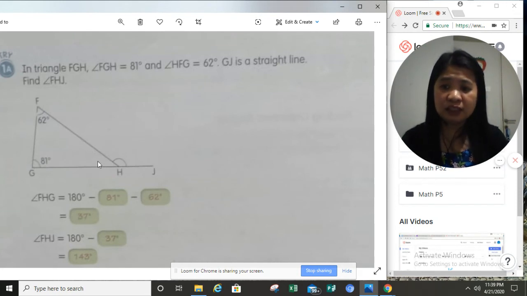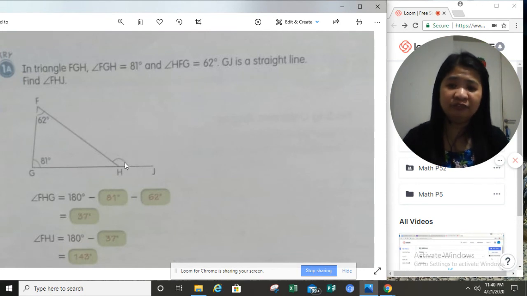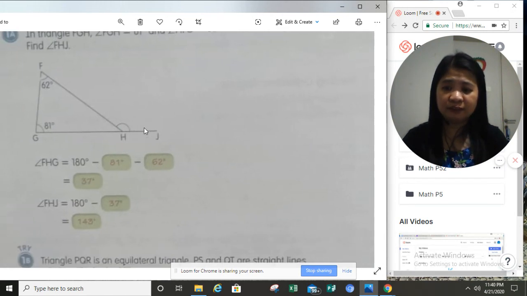So this angle will be 37 degrees. Now, if one angle on a straight line is 37 degrees, what would be the angle on the other side of the straight line? We do 180 minus 37, and the answer will be 143 degrees. Remember to write degrees for the angles. So we got the answer here, 143 degrees.